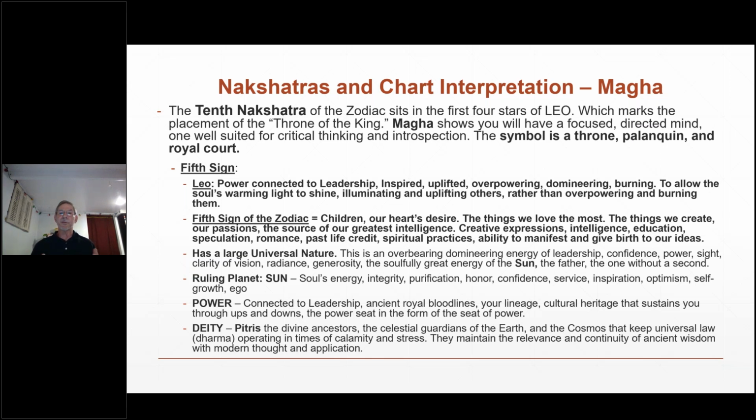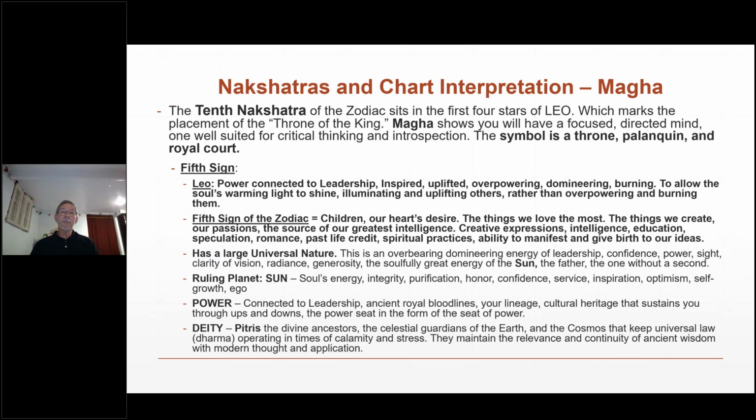This is a great place to have the light shine and go deep into our spiritual practices, reap our past life credit, the ability to even be around great teachers, for example, to be around people that represent knowledge in a very high dignified way. So, and this gives us the ability to manifest and give birth to our ideas.